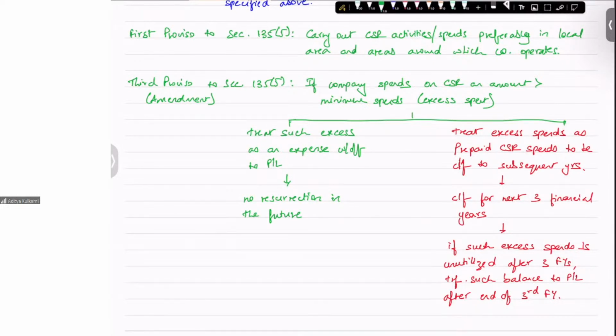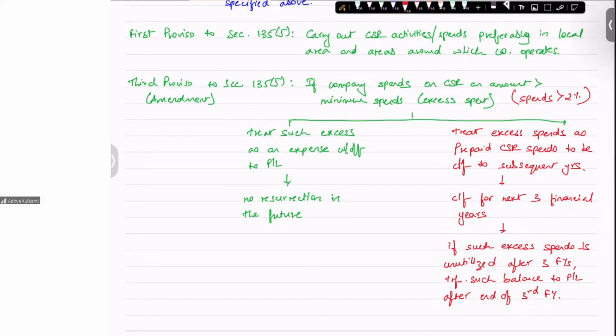So the third proviso to section 135(5) tells us, if the company spends on CSR an amount greater than the minimum spends, that means your spends are greater than 2%, you have spent more than 2%, then you have two options.